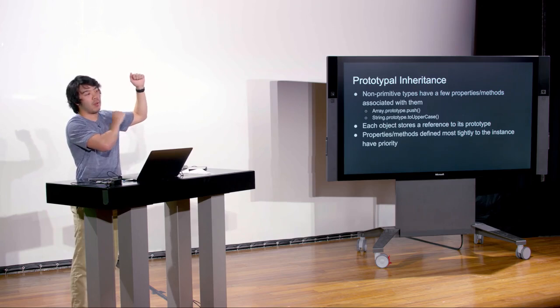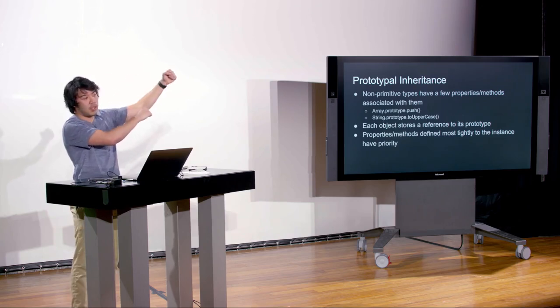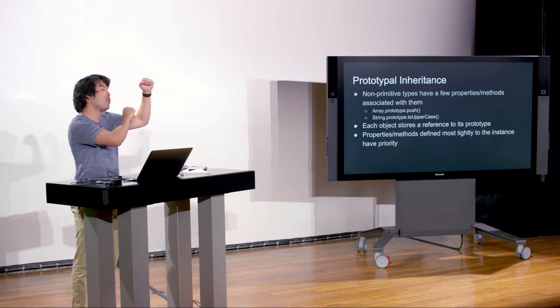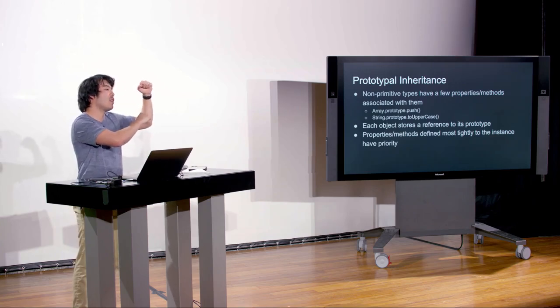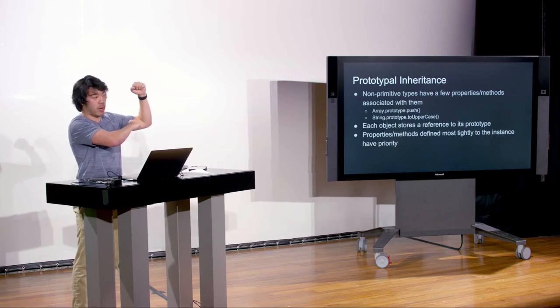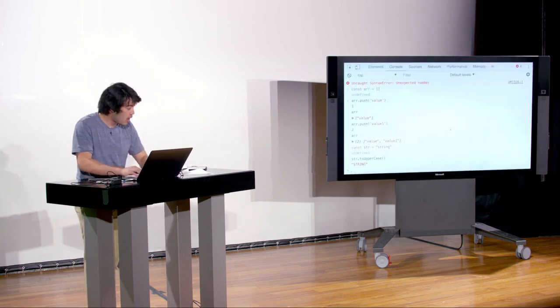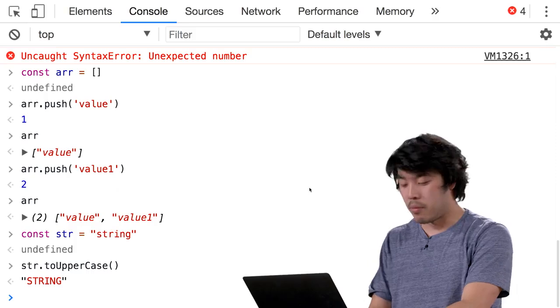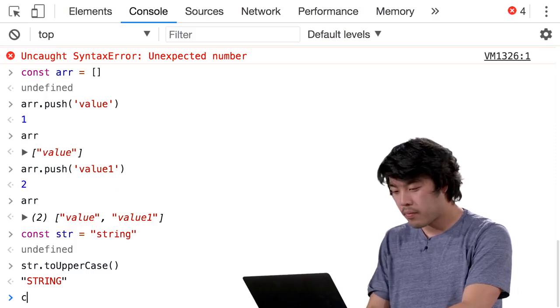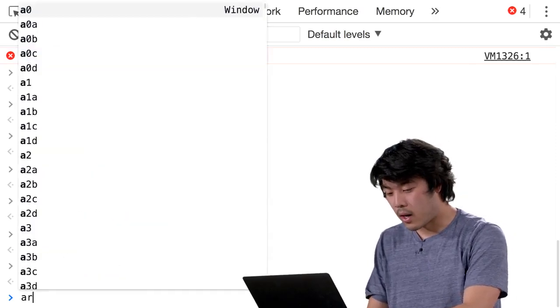Up the prototype chain, we have arrays. Its prototype is array. That prototype is object. Say we have the same named method on both of these. If we call that method, the one that's bound most tightly, the array, will take priority. So let's actually show that. So say we have something like that.